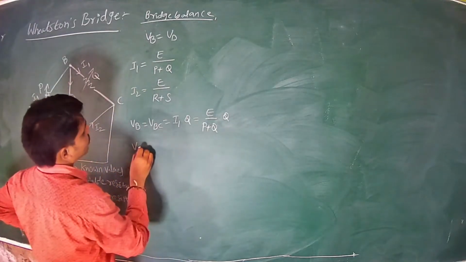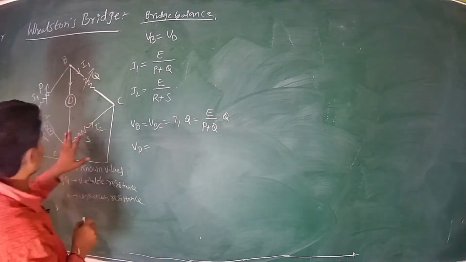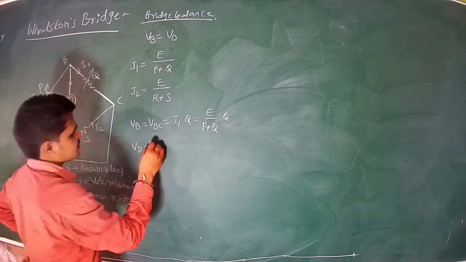Now what about VD? VD means the voltage across this branch, that is VDC.